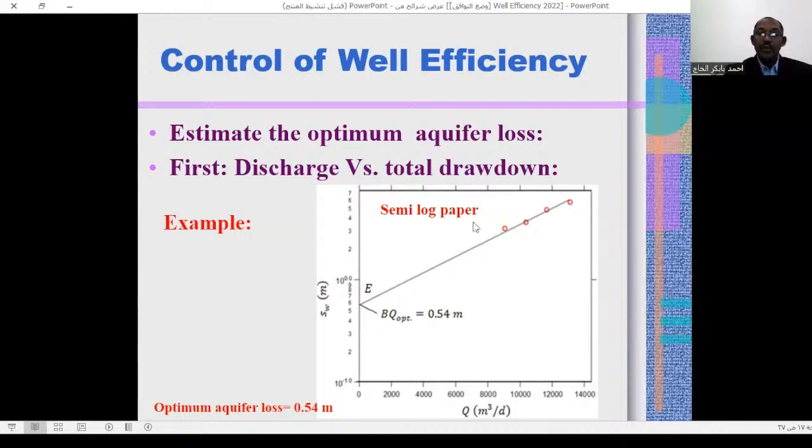The paper used is semi-log paper. At the cross line in vertical total drawdown, calculate optimum aquifer discharge equal 0.5 meter. This is the first method.